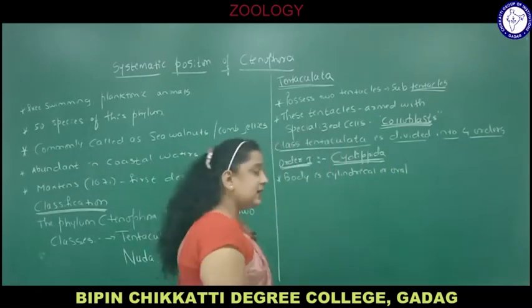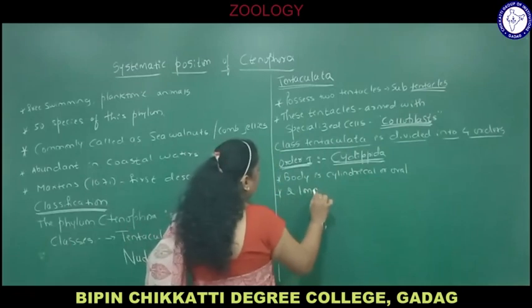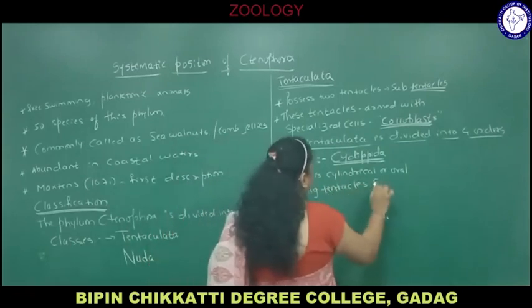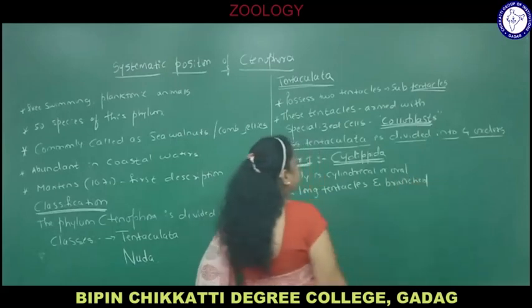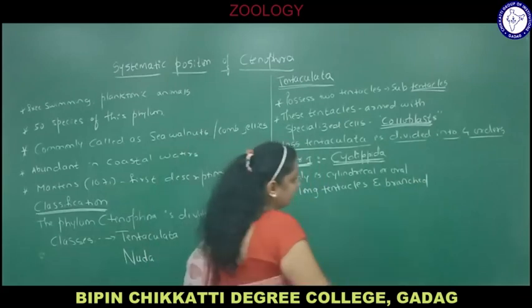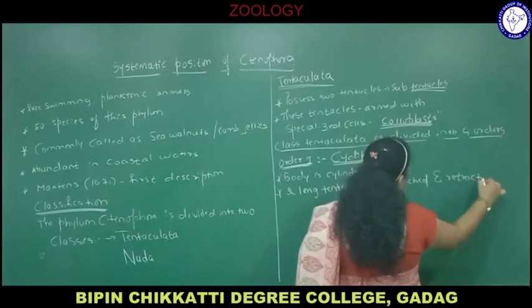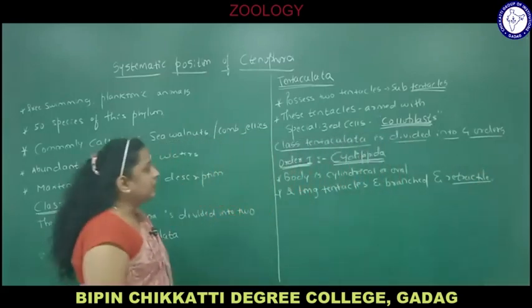There are 2 long tentacles and they are branched, and you can say they are retractile, branched and retractile.